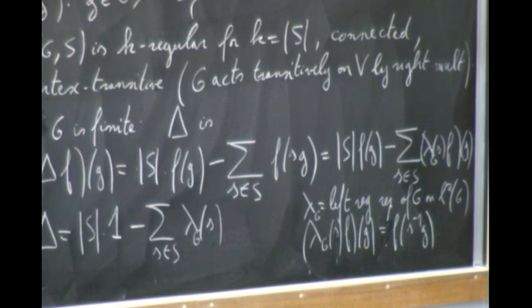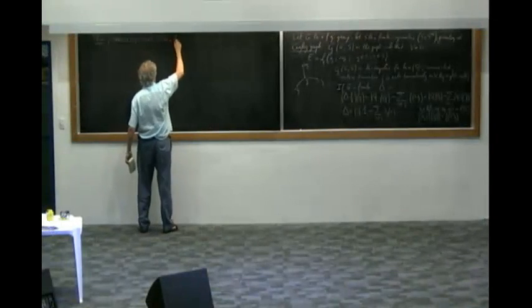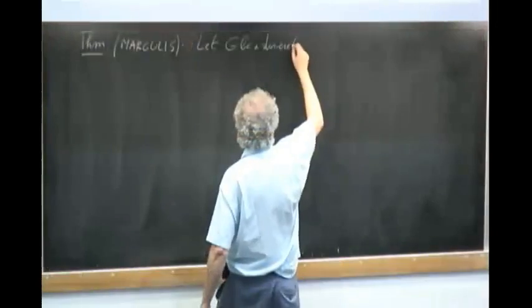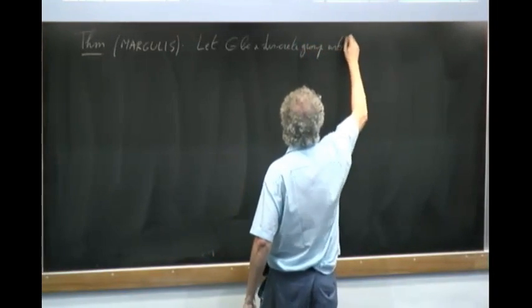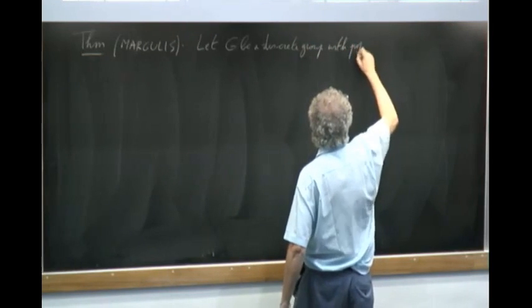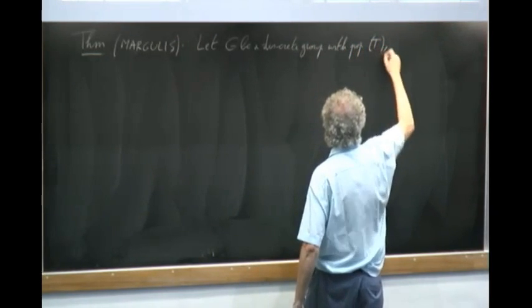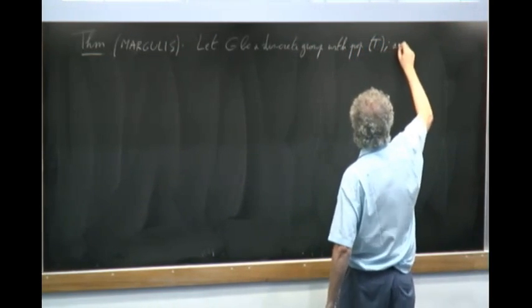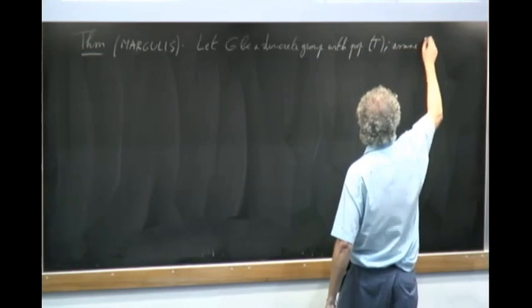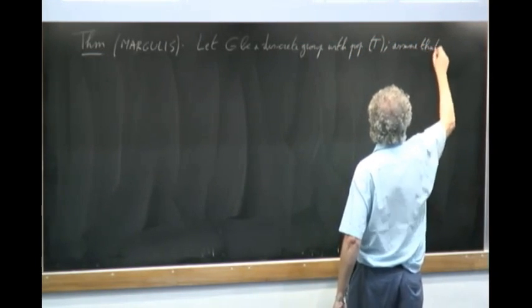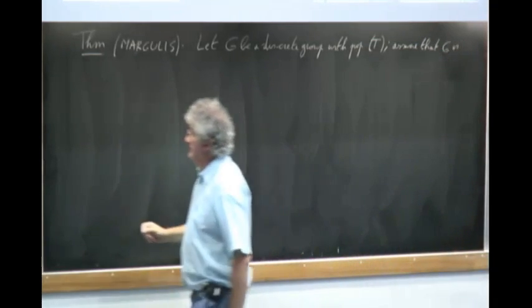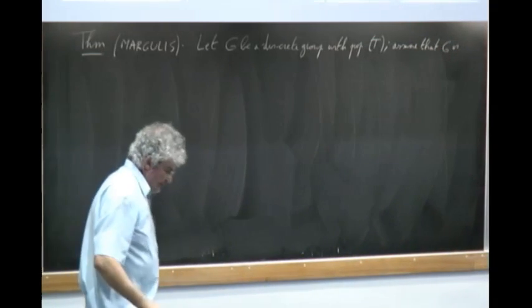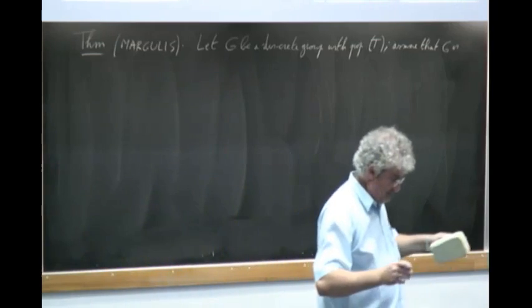Let G be a discrete group with property T. The idea is really to do a construction from above.